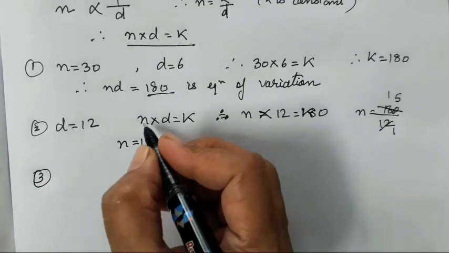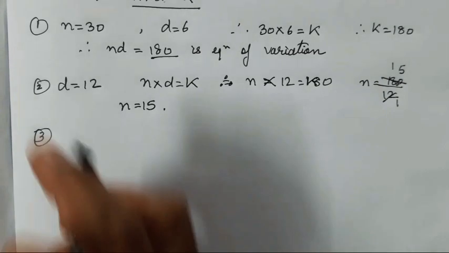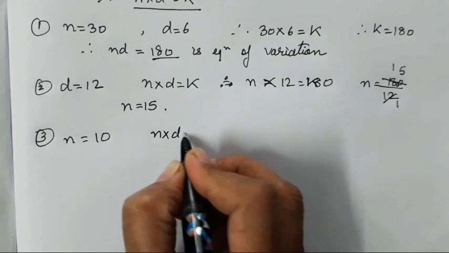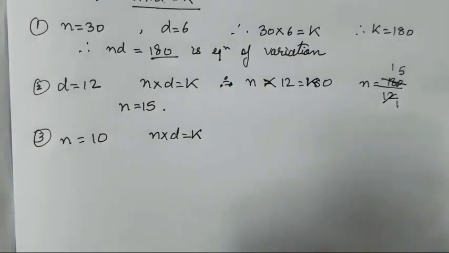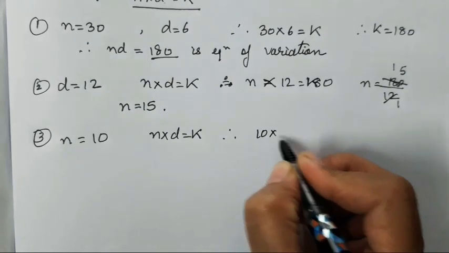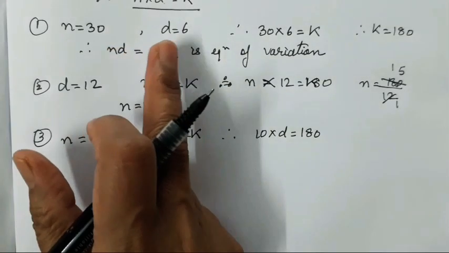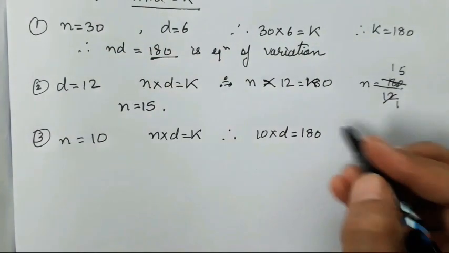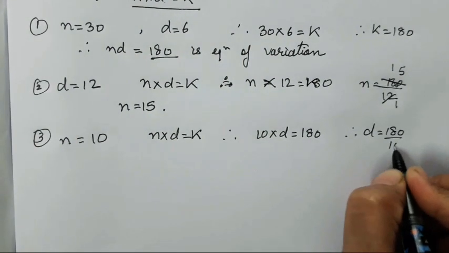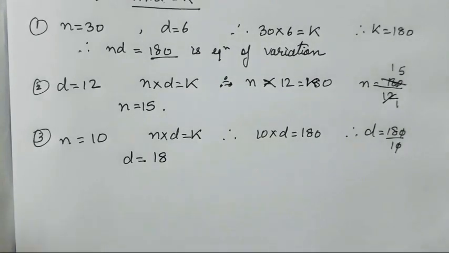Now the third one, here we needed d because we already had n. The next one is n is equal to 10. Same formula we will use. N is 10, d we have to find, and k is 180, because we already got the equation of variation. Then d is 180 upon 10, so d is equal to 18.